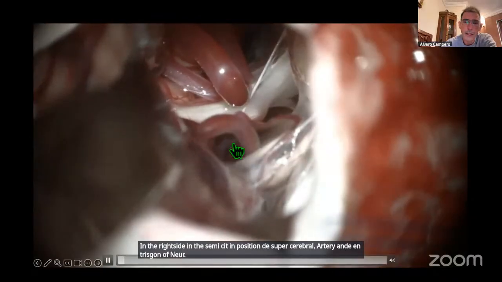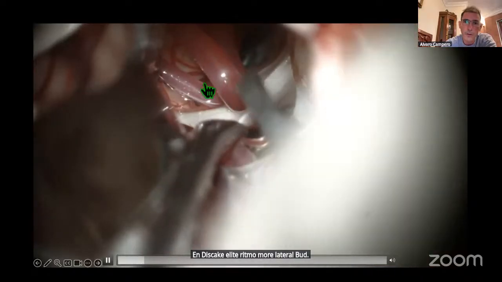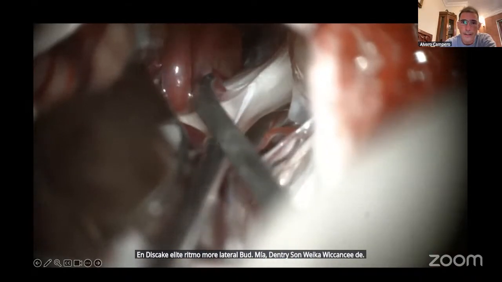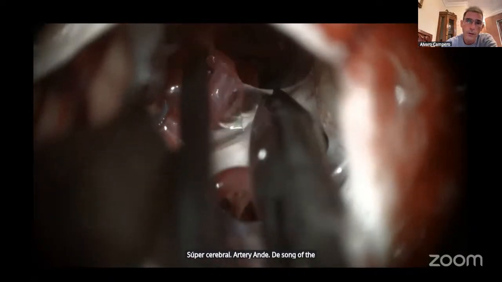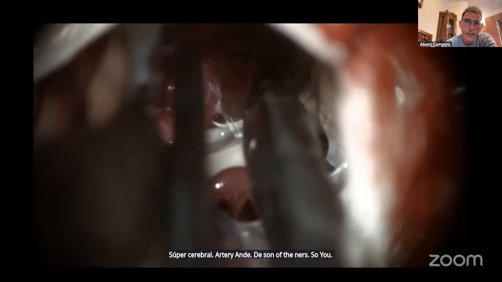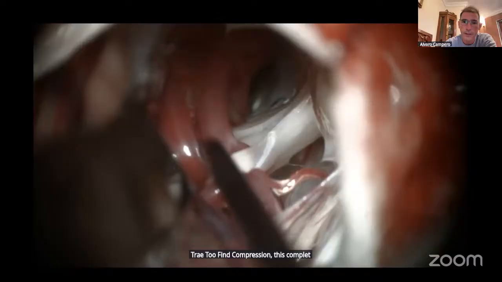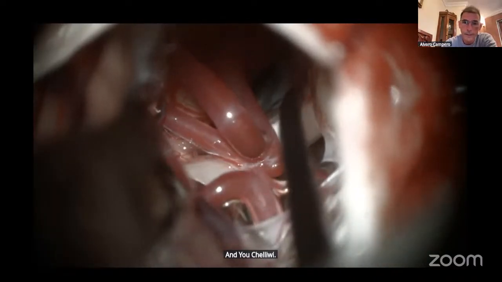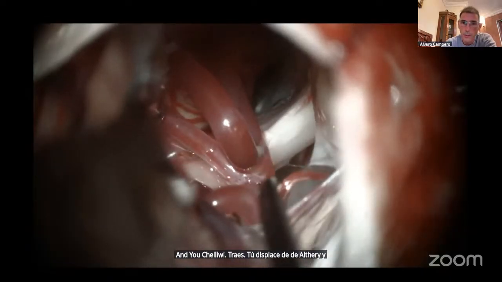In this case, a little bit more lateral, but near the entry zone, we can see the superior cerebellar artery and the nerve. So usually we have to try to find this compression, this conflict, at the level of the entry zone. And usually we try to displace the artery and then put the Teflon.